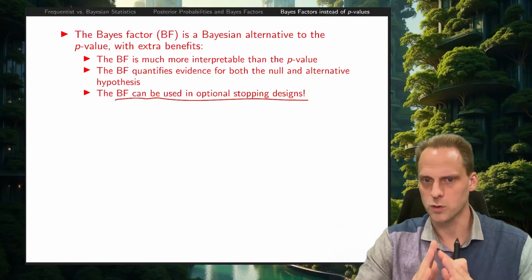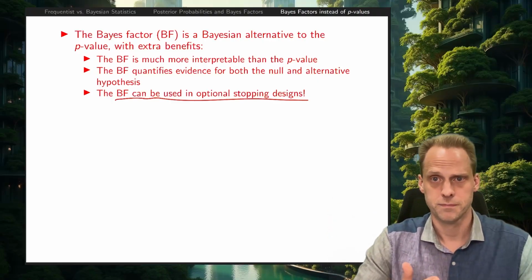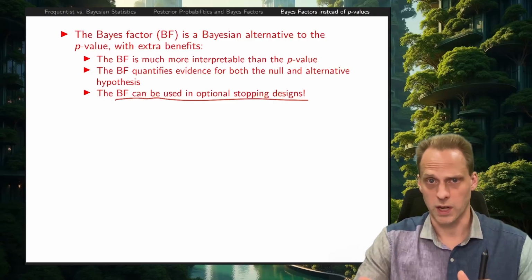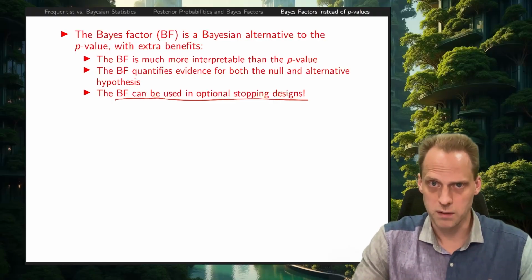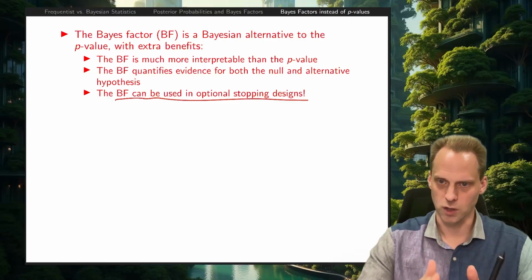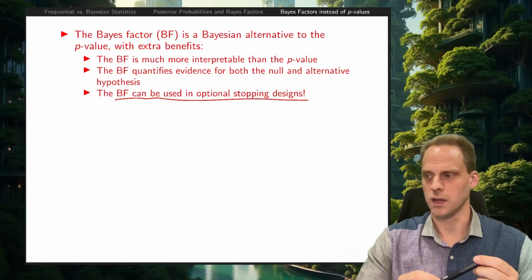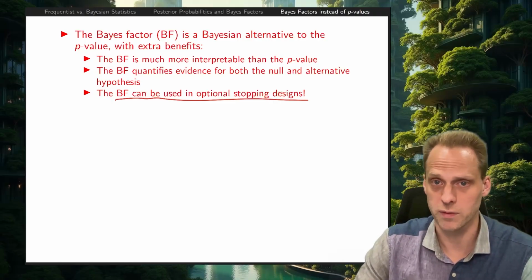It's not tied to a certain sample size. It is a very nice thing to do. So you're collecting data, we look at the Bayes factor, see, okay, the Bayes factor is above 10, I stop. I have enough evidence and I stop, and that's perfectly allowed. And it doesn't lead to the same issues we have in frequentist testing.